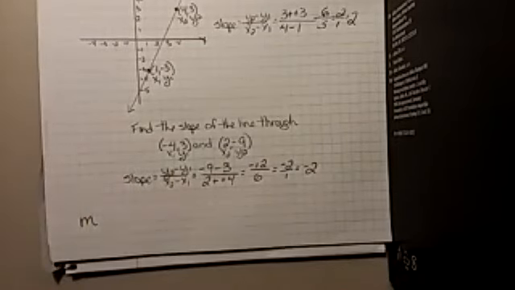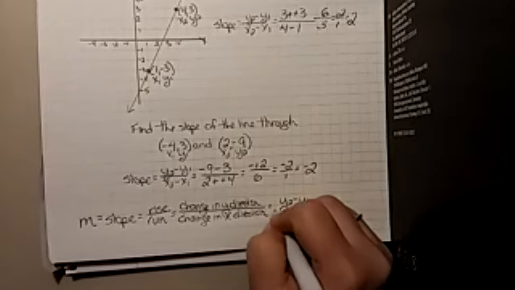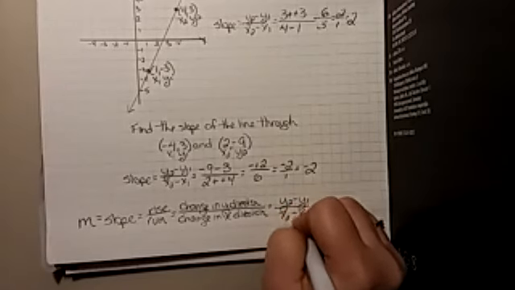But then we saw that rise was really a change in the y direction. And run was really a change in the x direction. We know that change is really a subtraction word, and that's what got us down to y2 minus y1 over x2 minus x1.